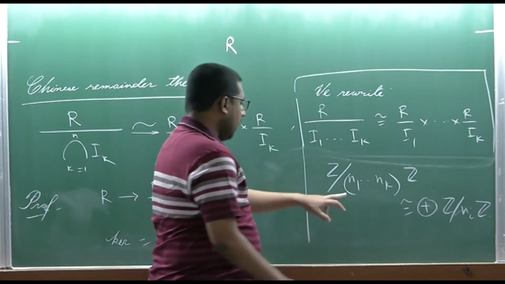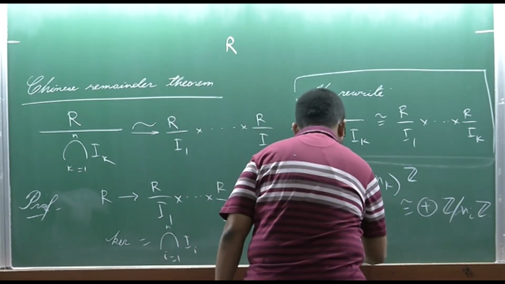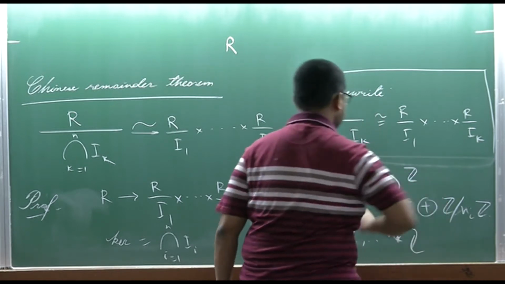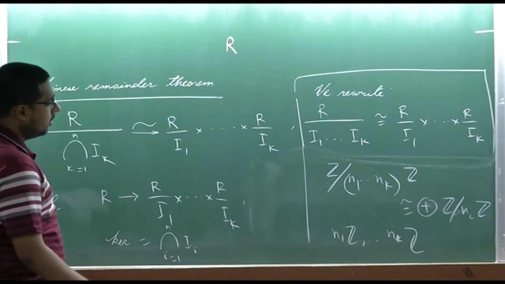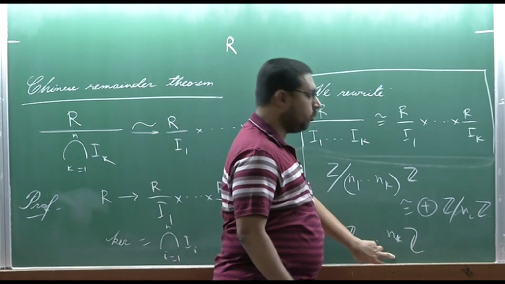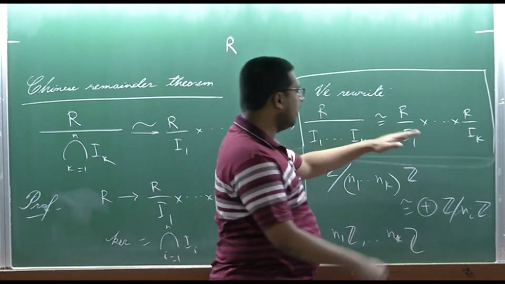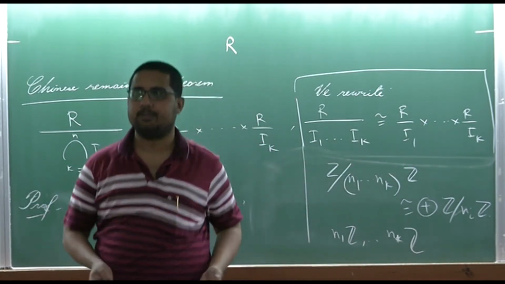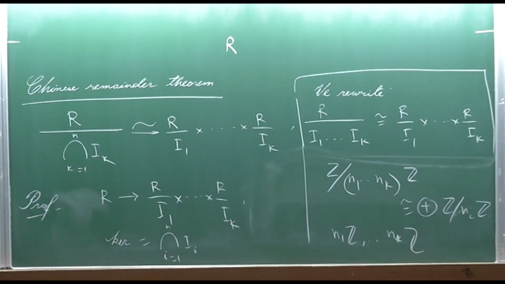In that case this collection used to be a pairwise co-prime collection, so that their product is the ideal generated by n1 up to nk. Now it is exactly in the most expected form. Anyway, I should now move on. The Chinese remainder theorem is done.